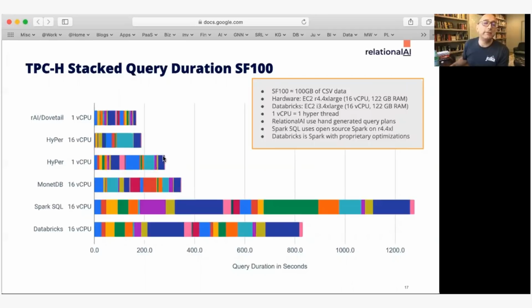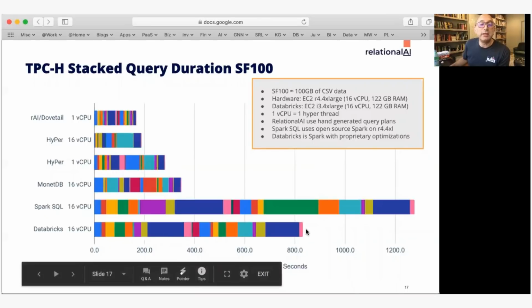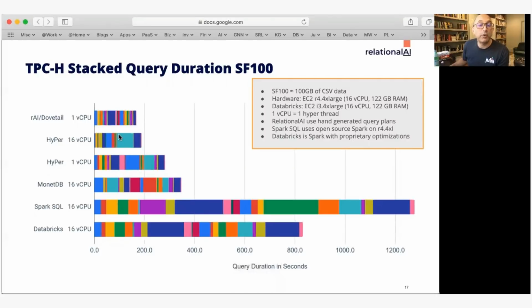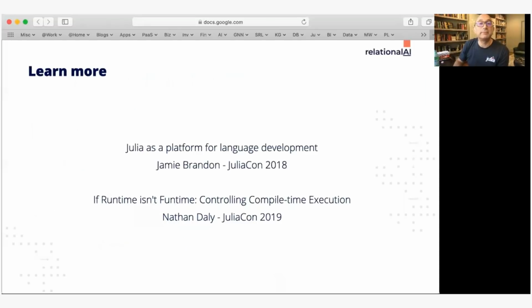We do quite well relative to the best-in-class systems, and very, very well against popular systems like Spark, where the closed source optimized version of Spark running on 16 cores takes more than 4 times the time that we take to run the same 22 queries on 1 core. So 16 cores run 4 times slower than we do, because systems like Spark don't pay attention to constant factors and interpretation overhead and so on.